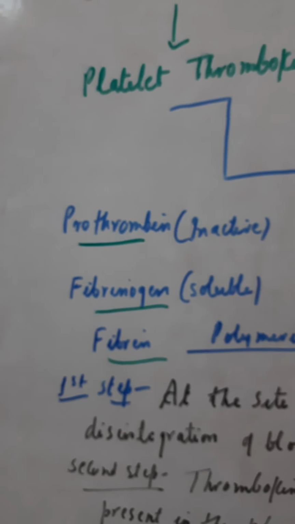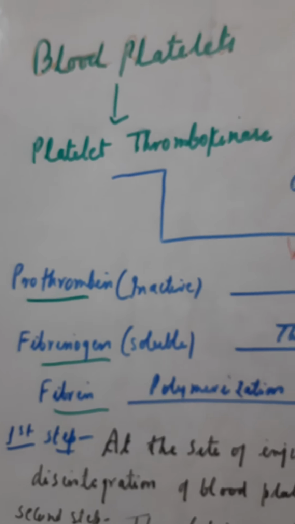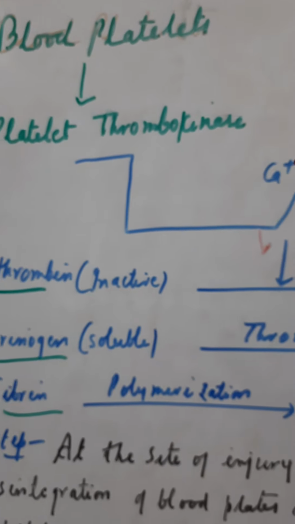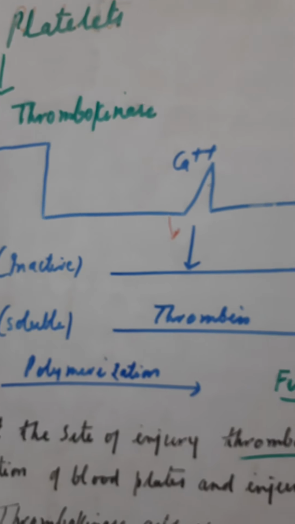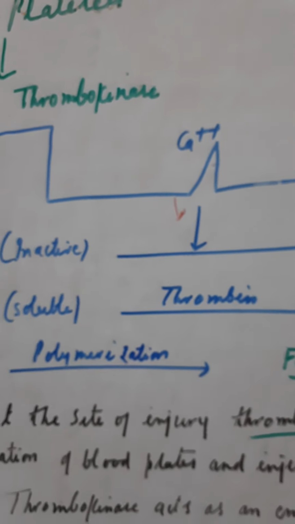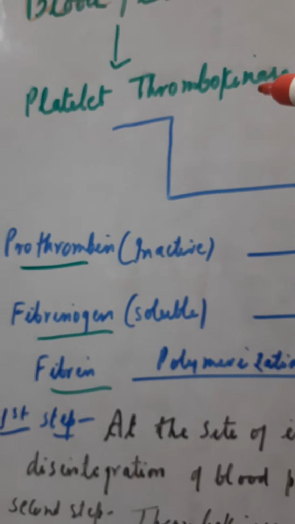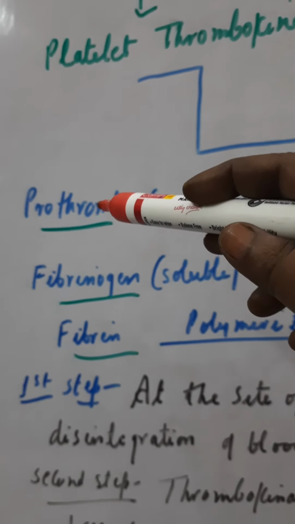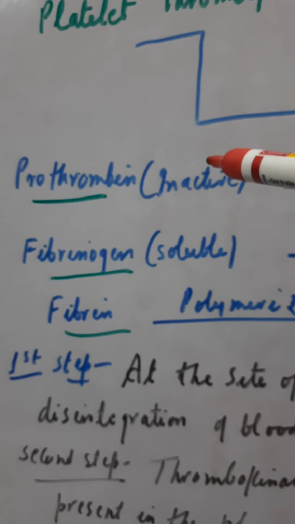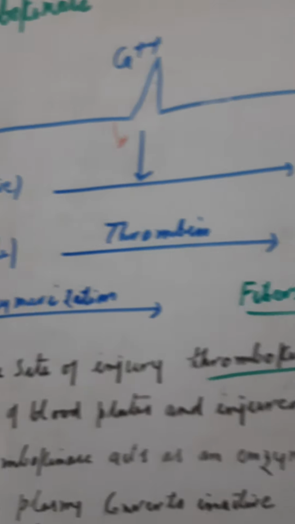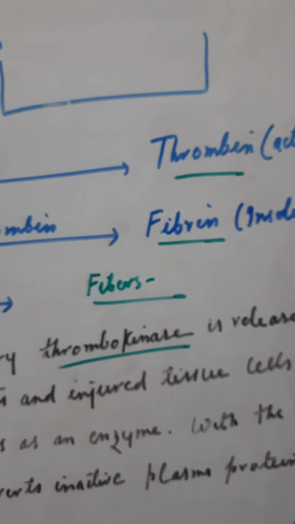Again I am repeating, blood platelets will release thrombokinase at the injured tissue cells where there is an injury. Now this thrombokinase will convert prothrombin, the inactive form, into thrombin, the active form.